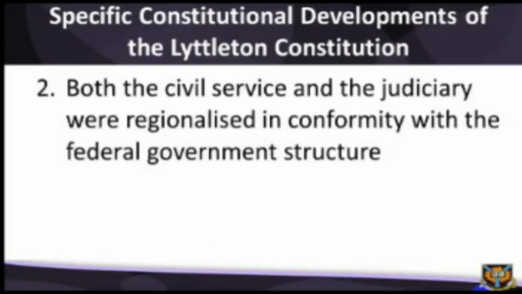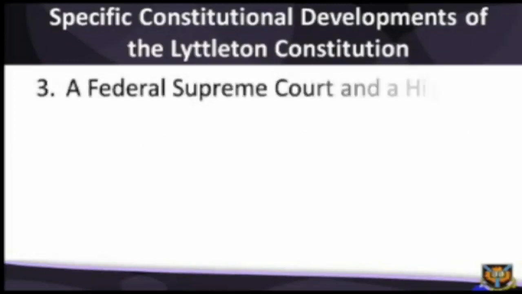Both the civil service and the judiciary were regionalized in conformity with the federal government structure. Provision was made for the establishment of Federal and Regional Public Service Commission, whose functions were to advise the governor on promotion, transfers, dismissals, and other disciplinary matters in the civil service. 3.